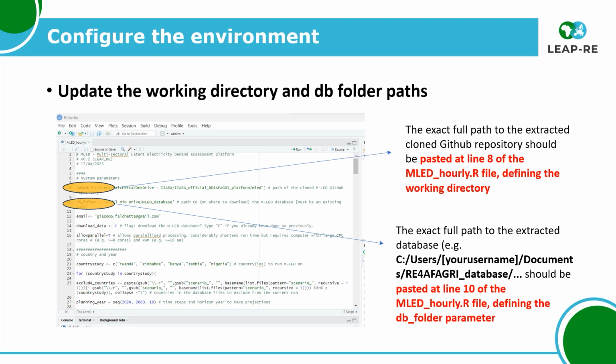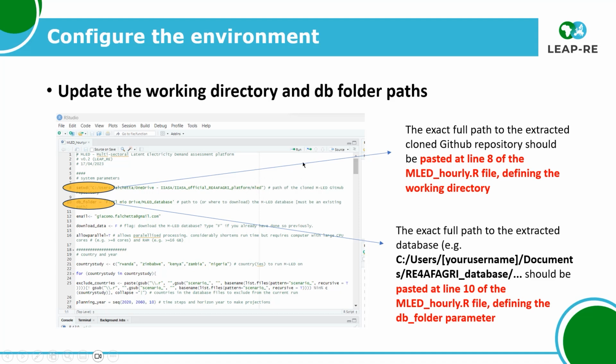Make sure to use these slashes to separate the different folders in the path, and that they are the slashes leaning to the right and not to the left, as R wants right-leaning slashes. You can see the example here, right?